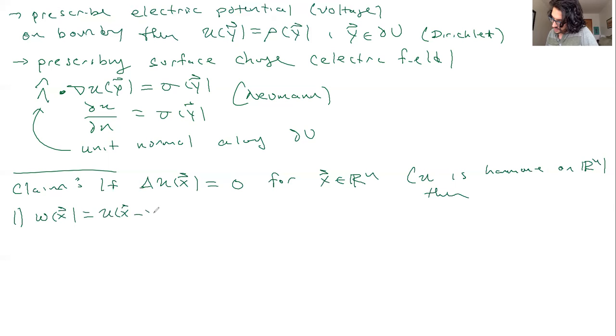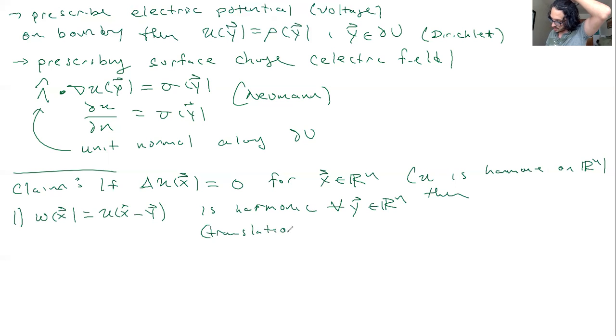W of x is equal to u of x minus y. It's also harmonic for any y in Rn. This should be reminiscent of the kinds of games we played with the heat equation. And this is due to translation symmetry.